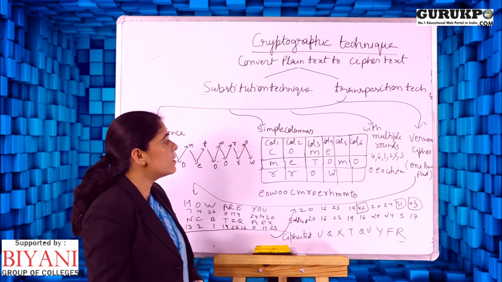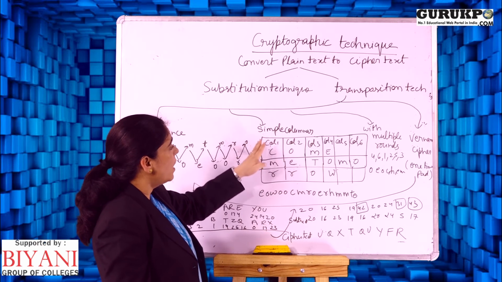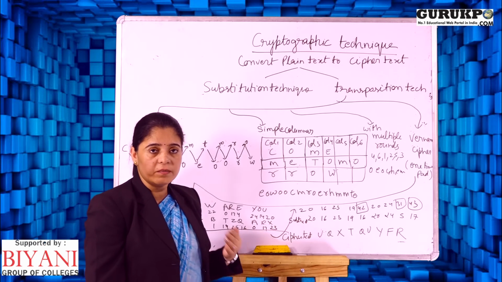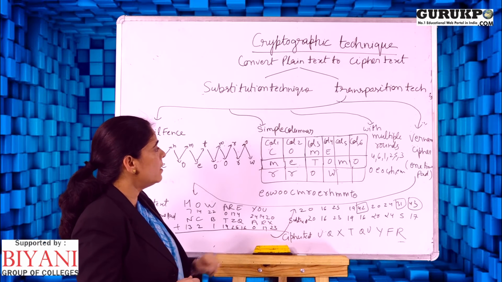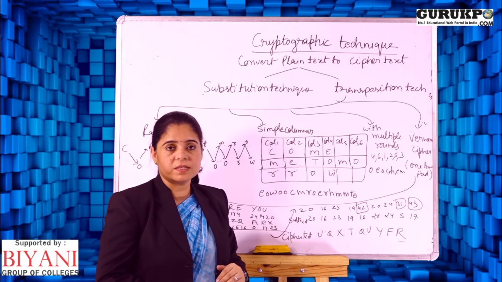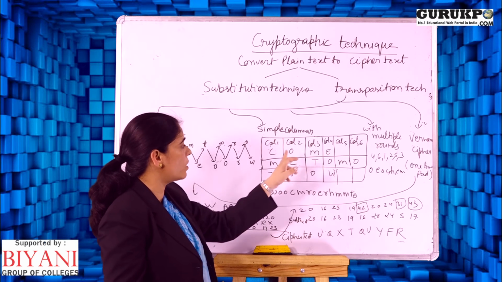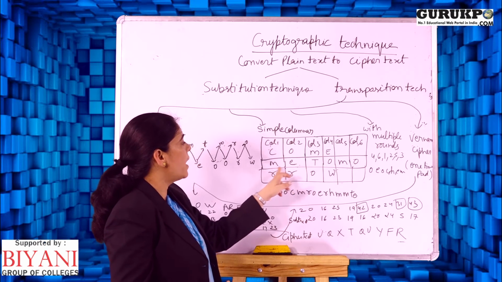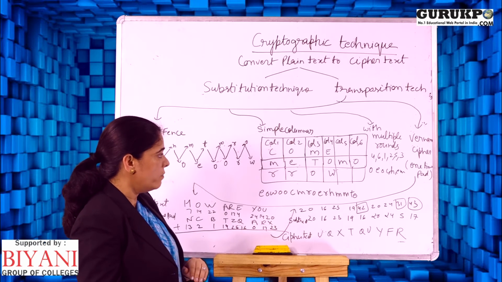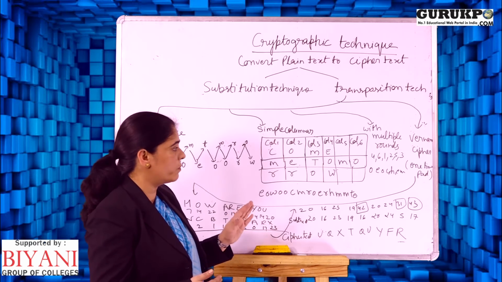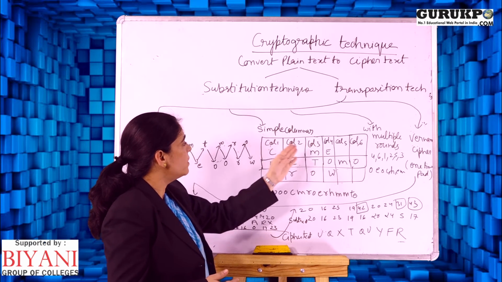Next is the simple columnar position technique. Here we decide how many columns we will take in the table, suppose 6 columns. Again the plain text message is come home tomorrow, so we write it column-wise with 6 columns: COMEHOMETOMMROW. Suppose we select the columns in the order 2, 4, 5, 1, 3.